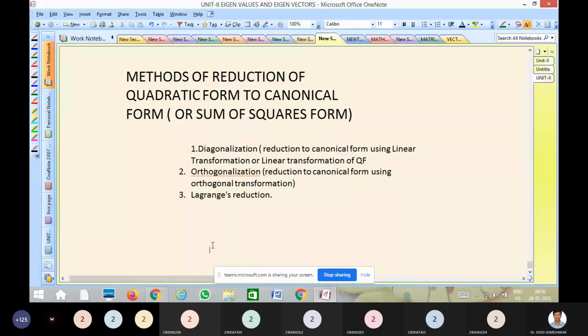Those two I will explain with the help of problems.